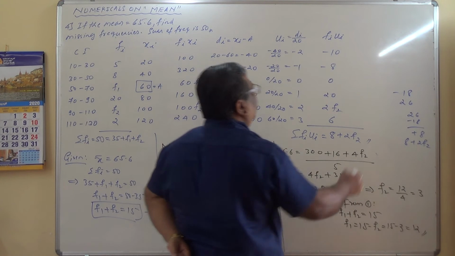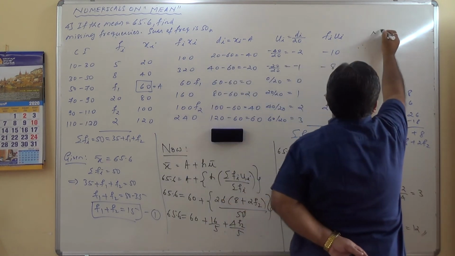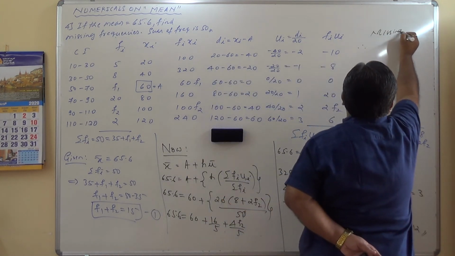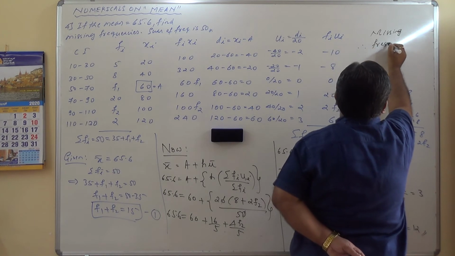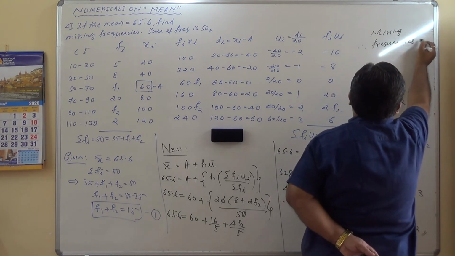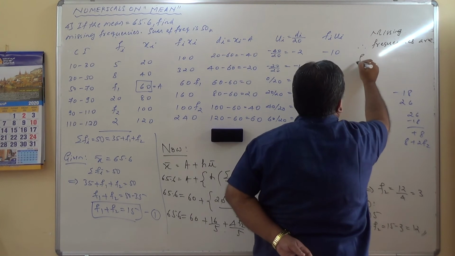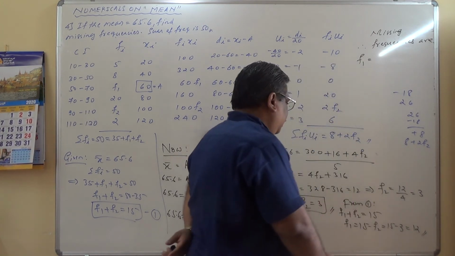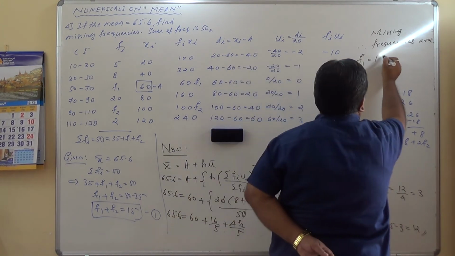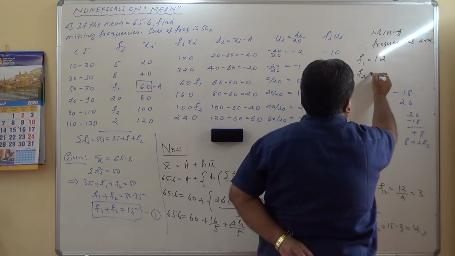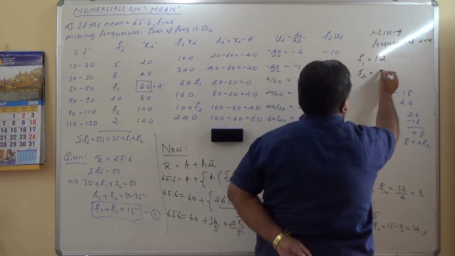And therefore, finally, my answers, missing frequencies are f1, which is 12, and f2, which is equal to 3.